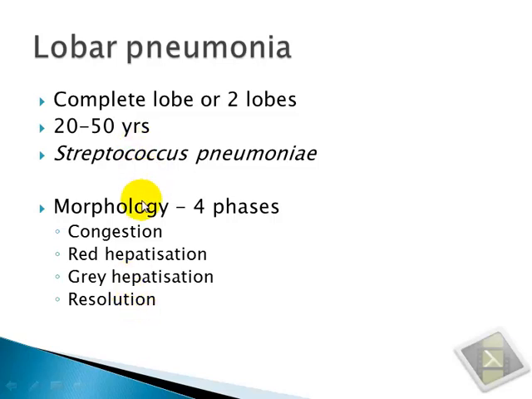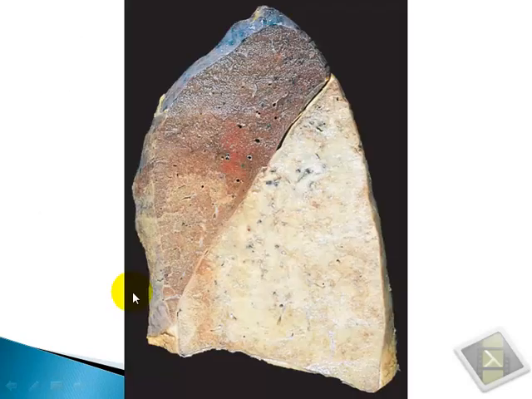These stages are no longer seen so often because of the advent of good antibiotic therapy and good diagnostic modalities, and all these things have really helped us to curb these stages. But it is an important thing to discuss when we talk about pathology. So these four stages of congestion, red hepatization, gray hepatization, and resolution are the ones which we should be discussing now.